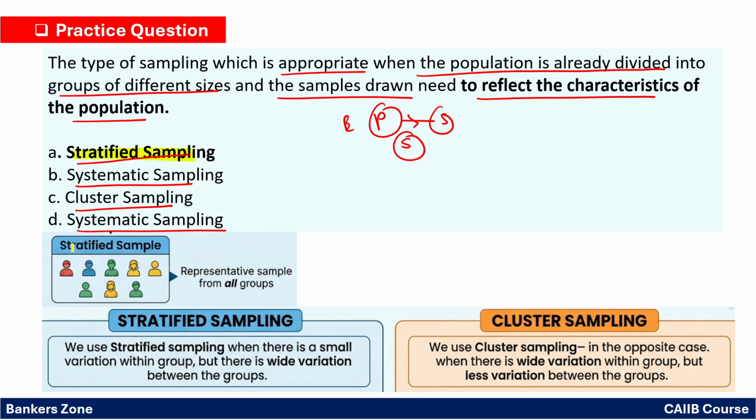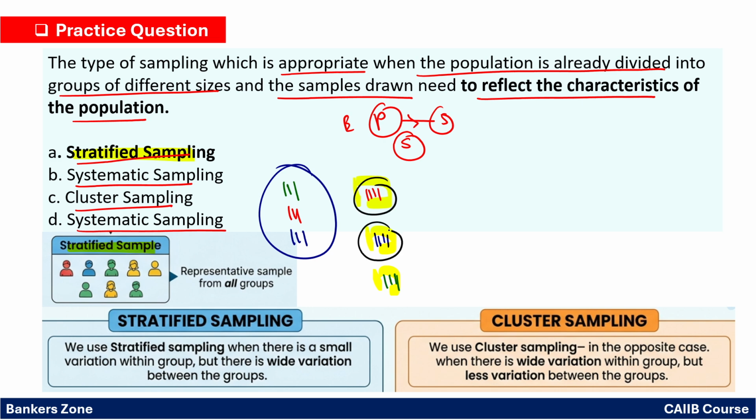Why? Because in strata we have the items, we are selecting the samples from the strata, and strata are homogeneous in nature, right? So if we select the sample, for example, say we have the population, this is our population. So we will create the strata of the same. See, this is strata 1, this is strata 2, this is strata 3.